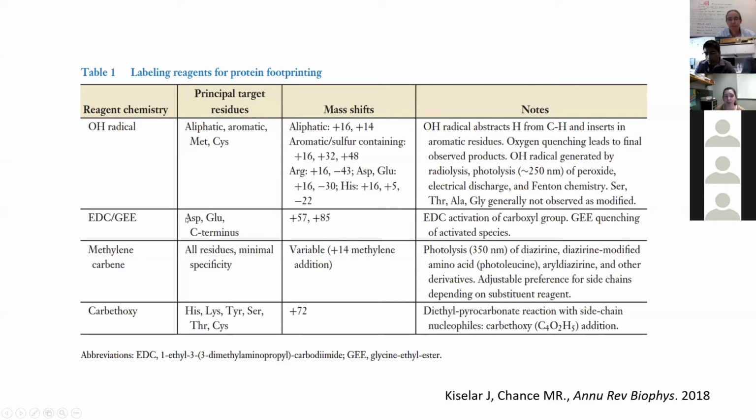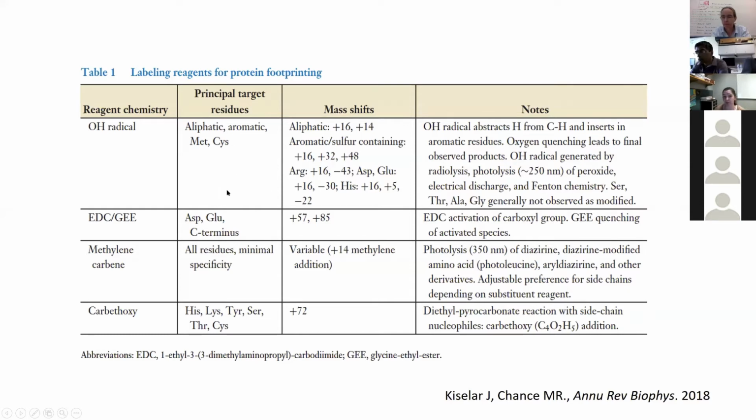But it labels only two groups, carboxyl groups, so aspartic and glutamic acid. So we only can utilize this technique when we have proteins enriched with glutamic or aspartic acid. However, GEE and EDC chemical you can control, so you can add different concentrations, so you can basically increase the labeling by controlling concentration, which is in contrast to hydroxyl radical because you have a constant amount of hydroxyl radical in sample.